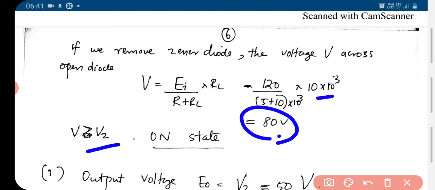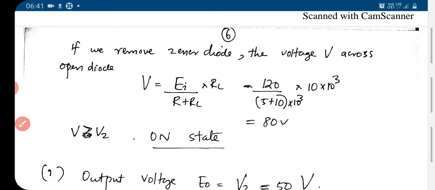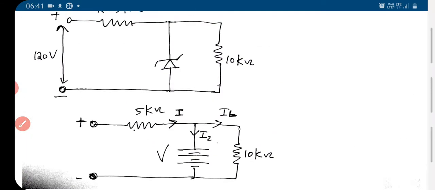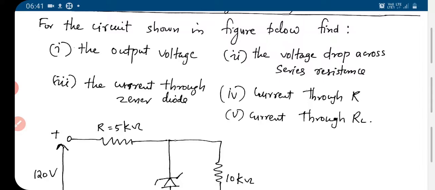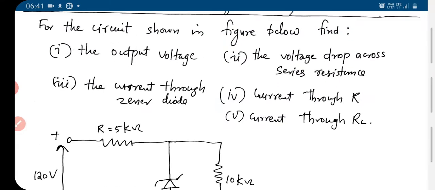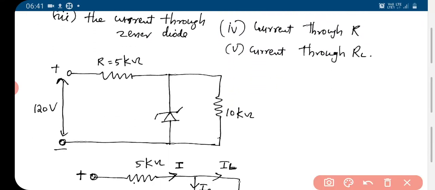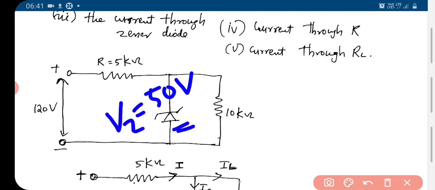Now V should be compared with Vz. I missed it: the Zener voltage is 50 volt.